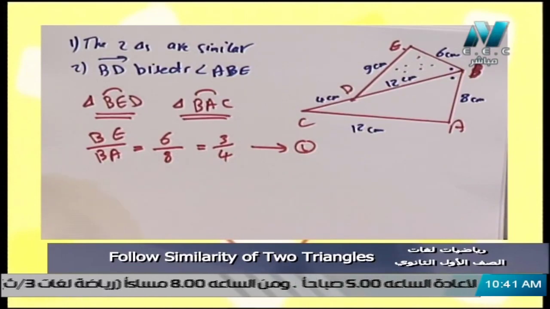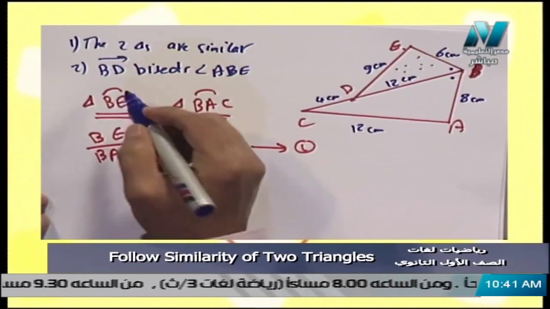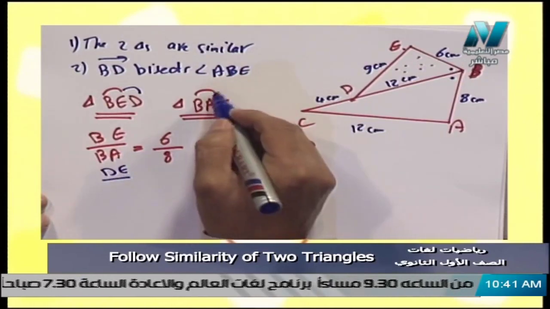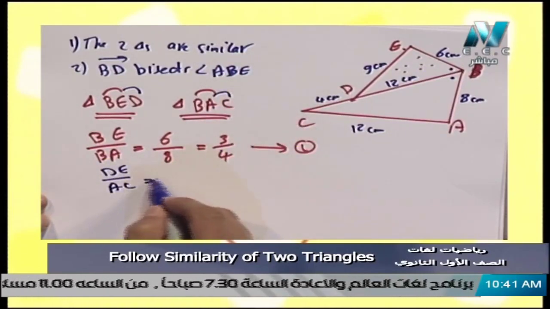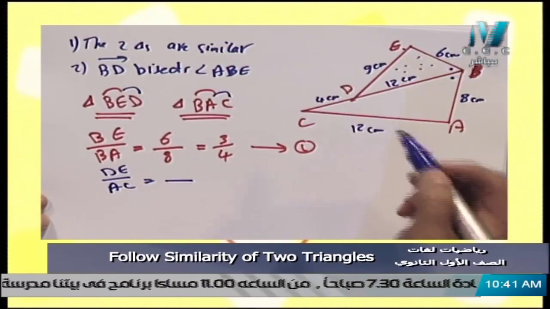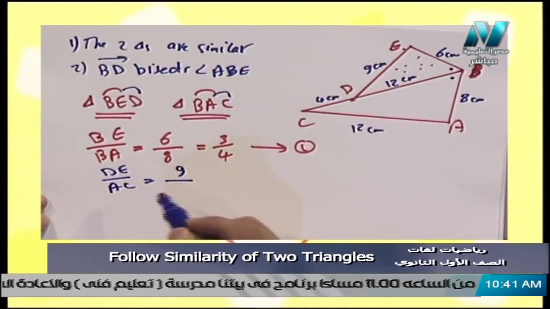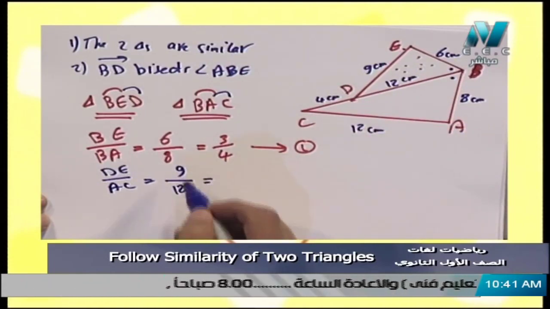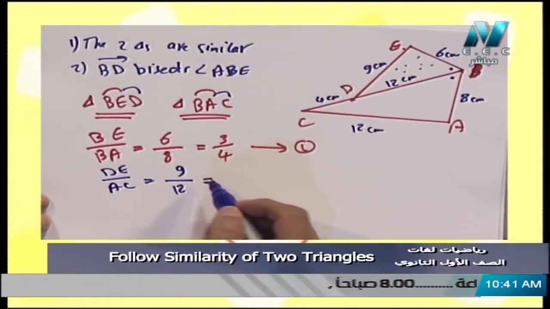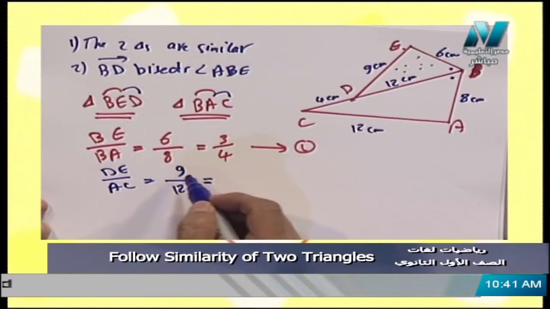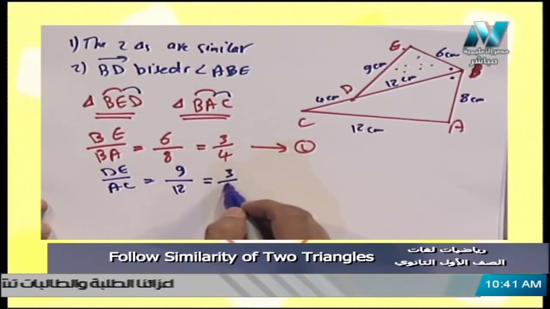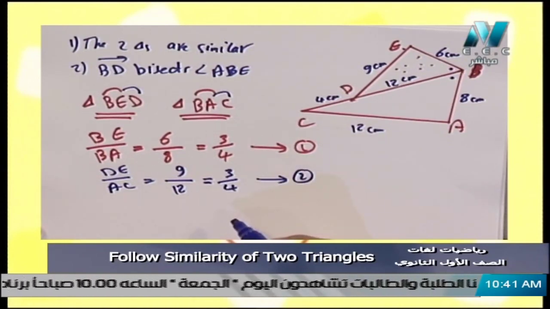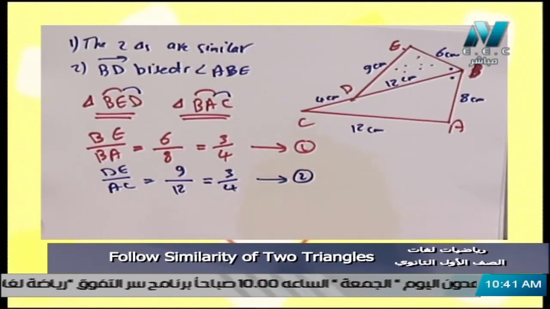Let's move to another ratio, DE over AC. DE here is 9 and AC is 12. By simplifying them, by dividing them by 3, it will be 3 over 4. We will call it number 2.